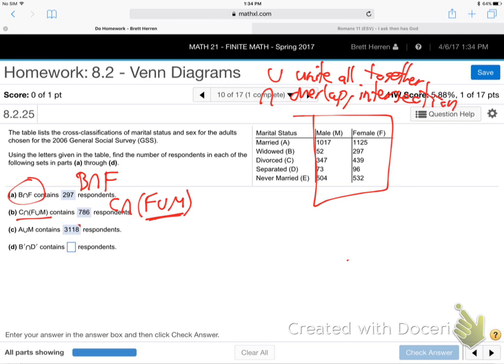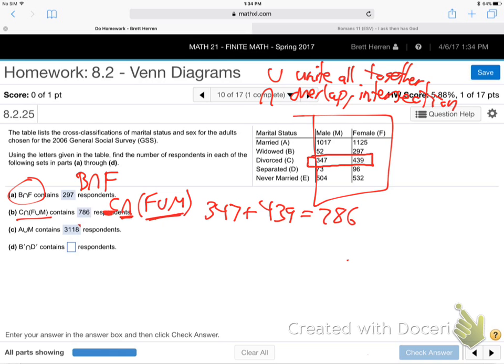Okay, so C, where's C? C is here. So I'm supposed to take C overlapped with the union of F and M. So it's going to be the 347 plus the 439, which comes out to be 786.